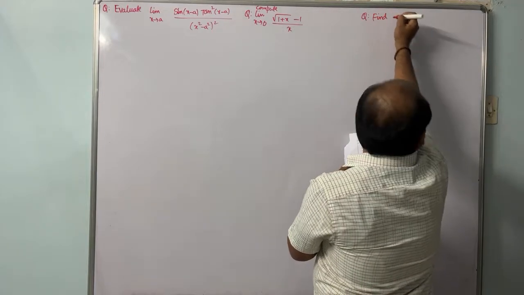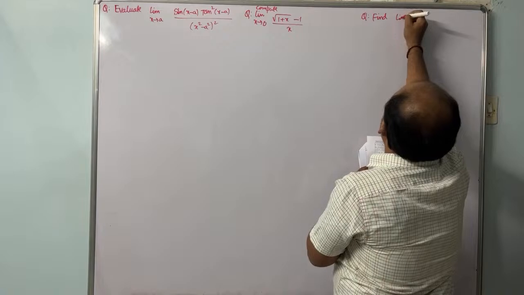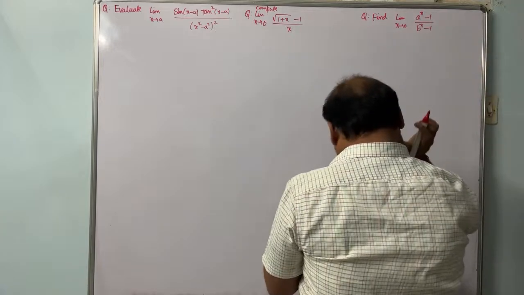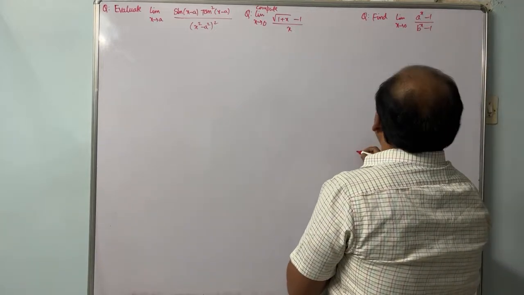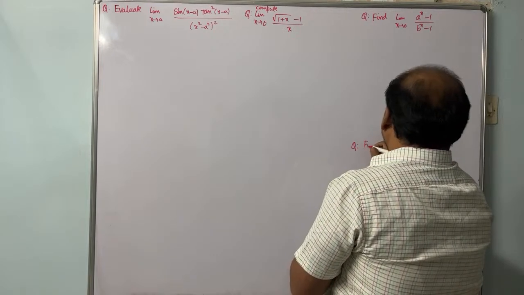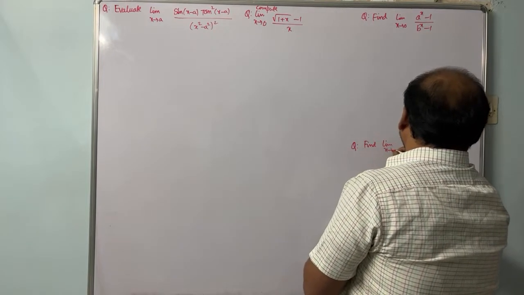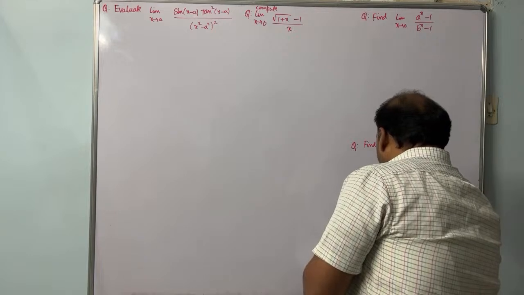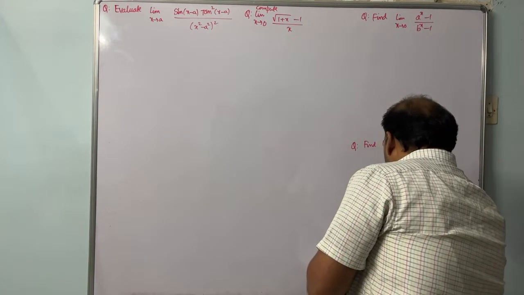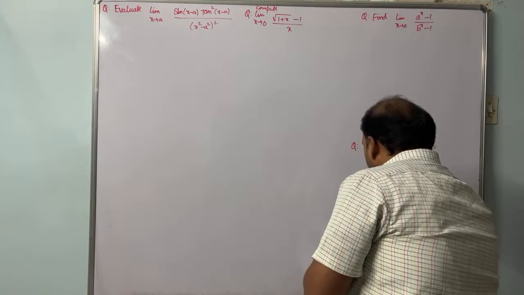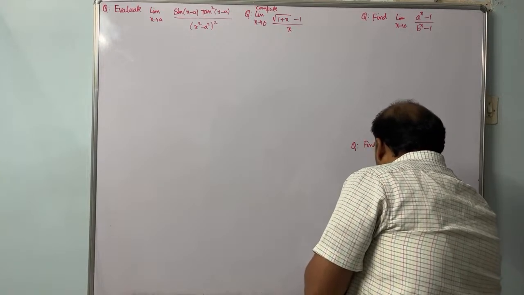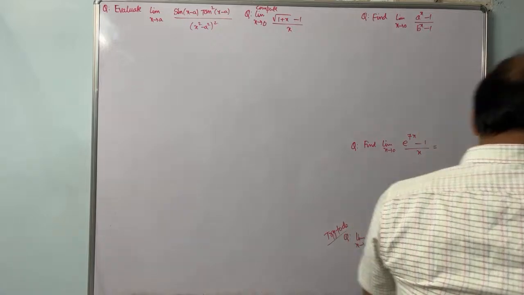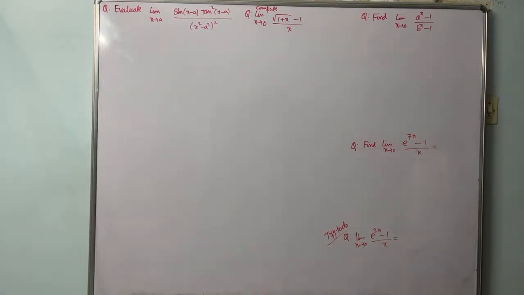Find limit x tends to 0 a power x minus 1 by b power x minus 1. These two are very important, dear students. Find limit x tends to 0 e power 7x minus 1 by x, limit x tends to 0, e power 3x minus 1 by x. So we discuss these questions, dear students.